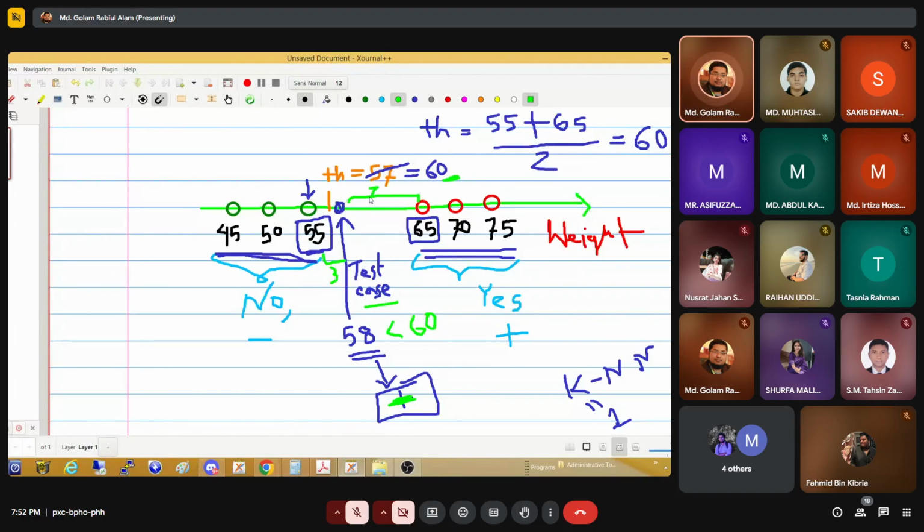So we can see the nearest neighbor is 55. The class level of the nearest neighbor is negative, and the class level of the test case is also negative.